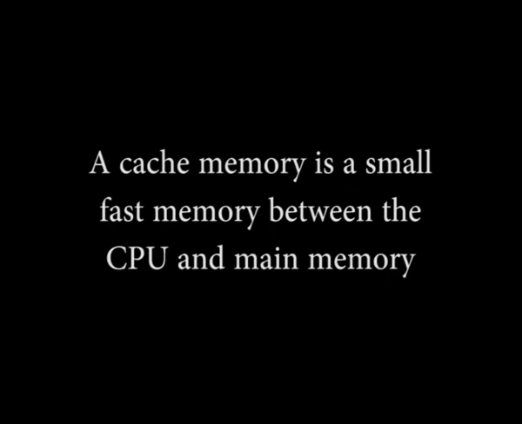So, friends, that brings us to the end of our discussion in this lecture, and therefore, we sum up. In this lecture, we learnt about the memory organization of SRAMs and DRAMs, asynchronous and synchronous memories with burst feature. A cache memory is a small fast memory between the CPU and main memory.